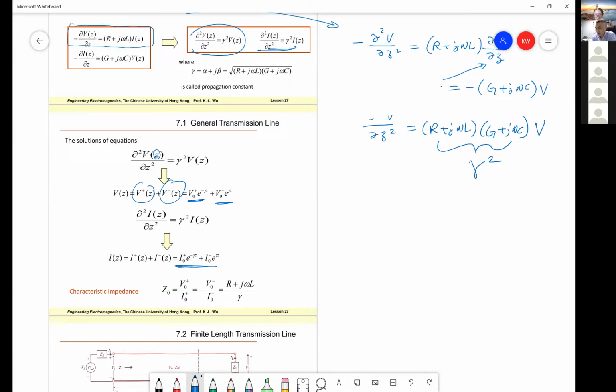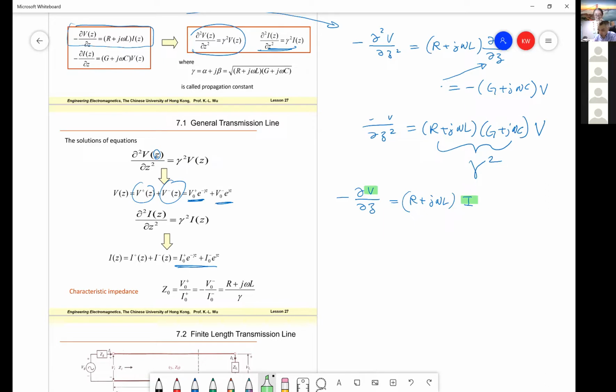Let me copy one. This V and I is arbitrary V and I, the total voltage and current.